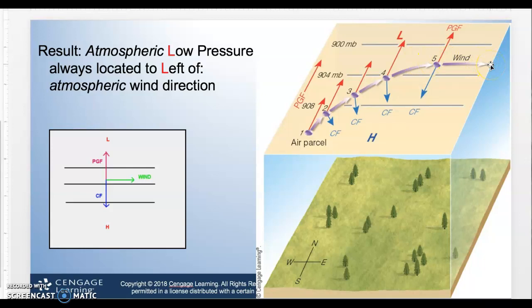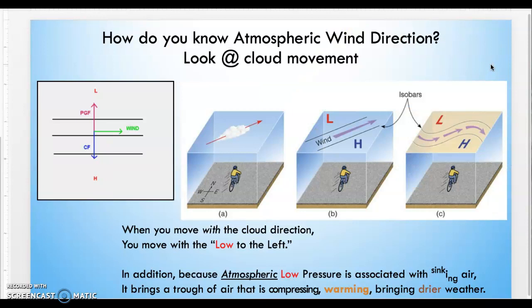Let's explain that a little bit more because you could walk outside and figure it out. How do you know the atmospheric wind direction? You take a look at the direction the clouds are moving in. The clouds are up in the atmosphere. The clouds are being driven by the atmospheric wind direction. And therefore, if you know that the clouds are moving in a geostrophic wind that is parallel to the contour lines, you know that your atmospheric low pressure system is going to be to the left of the direction of your cloud movement.